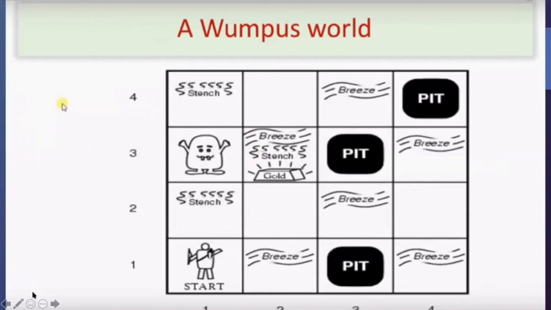If you write it down again, what is there in the percept? The percept is stench. Next is breeze. Next is glitter.